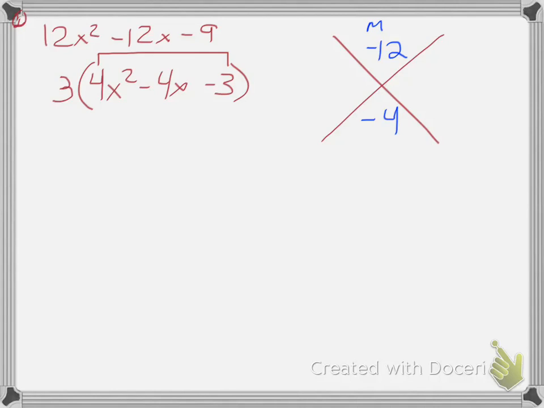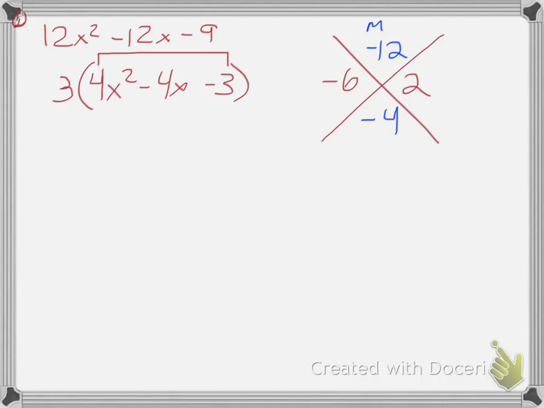So because it multiplies to be a negative, one's going to be positive, one's going to be negative, and their difference now has to be 4. So it's going to be 6 and 2, and because they need to combine to be negative 4, my larger number is going to be a negative, and that's going to be negative 6.